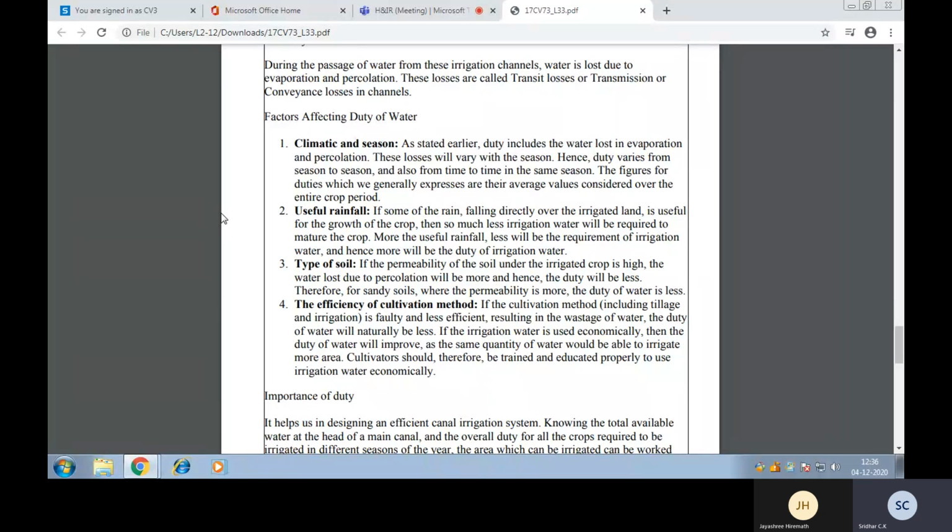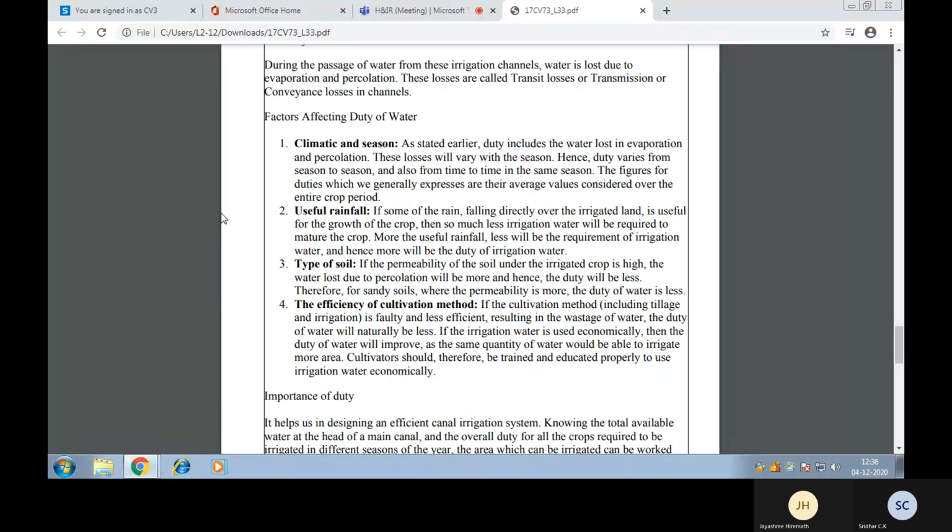The base period is fixed, it may be 4 months or 6 months, for a particular crop. But if you reduce the interval from 30 days to 10 days or 30 days to 20 days, then naturally the depth of water required for the entire base period becomes more.